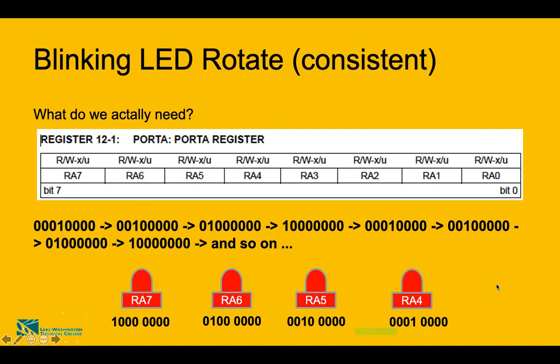Now we are going to see what instruction we need to add into our previous program, which will help in making these LEDs turn on consistently without the long delay which we saw in the last slide.